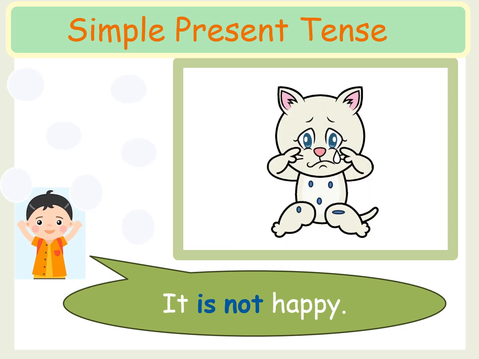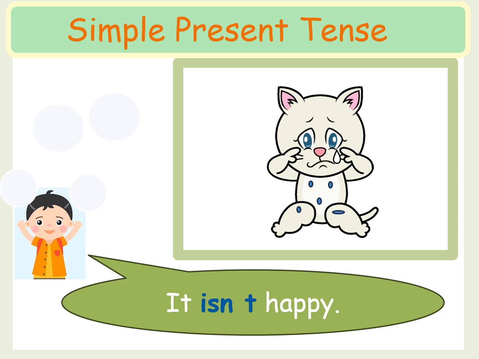It is not happy. Again, we typically use short form in our daily speech. We take away the letter O, put an apostrophe. It is not becomes it isn't. It isn't happy.